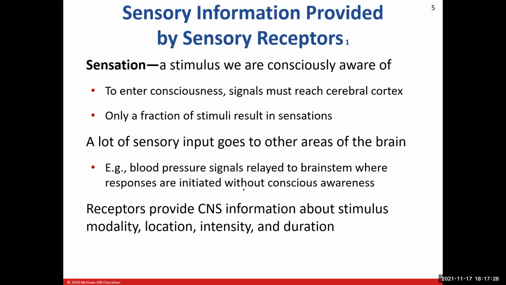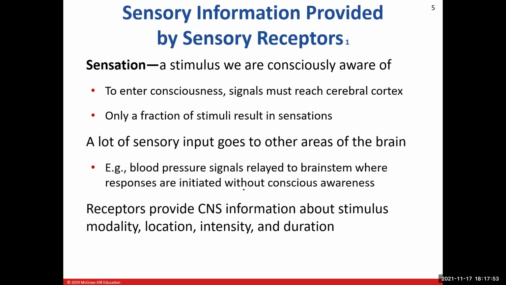So this next concept, when we talk about sensation, is very important. There have been multiple test questions asked about this, so I really strongly urge you to pay attention. The concept of a sensation is when we become consciously aware of a stimulus.